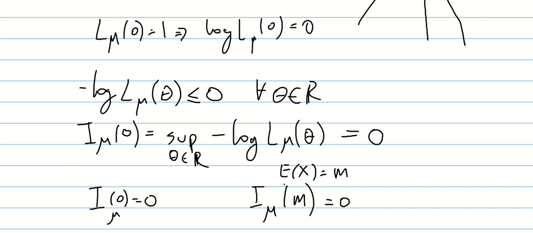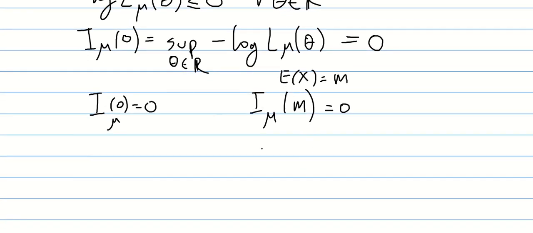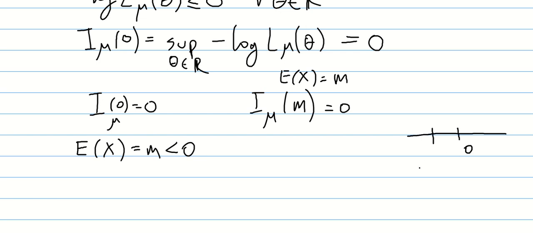Now what we have to show is that this is the only place where the rate function is 0. And the way we are going to do this is, forgetting that we are assuming now expectation of x to be 0, let's now assume the opposite. The expectation of x is negative. So here is 0, and here is the expectation of x.